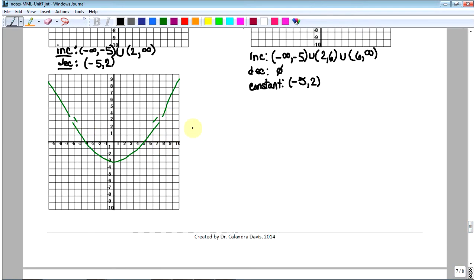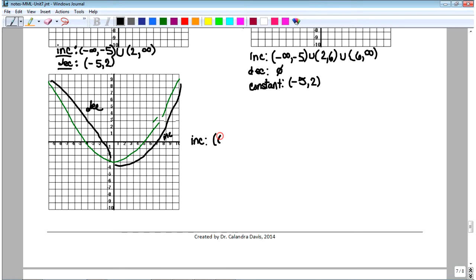Okay, going on to our last graph. Increasing, meaning going from left to right, the graph is going up. So I see it's increasing on the right side, and it's actually decreasing in this portion. So for my intervals where it's increasing, we want to make sure we're using our x values.